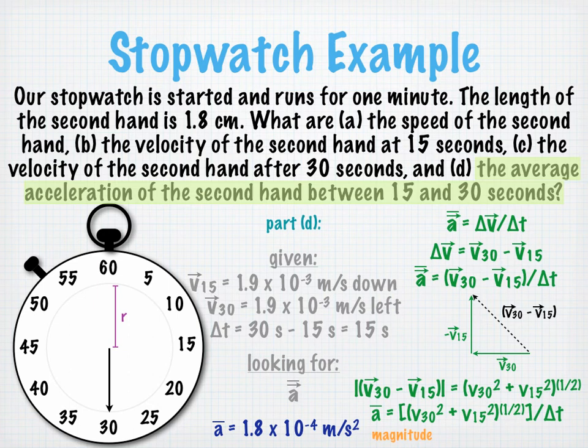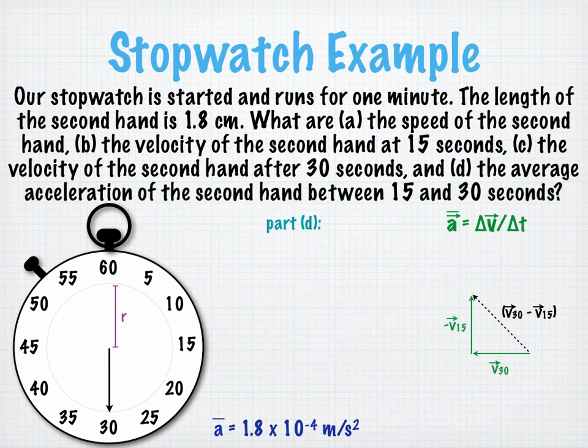We'll define the direction of the average acceleration using this angle, theta. Remember, the direction of the average acceleration vector is the same direction as the direction of the delta v vector. We know from trigonometry that the tangent of this angle theta is equal to the magnitude of v15 divided by the magnitude of v30.